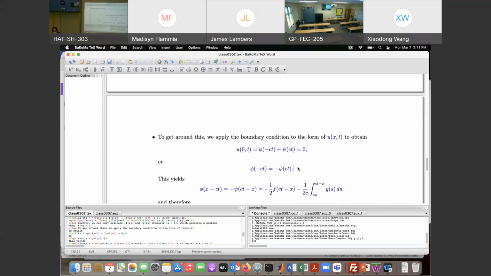So what that means is, this part of my solution that was problematic due to the x minus ct, I can now write as this: minus psi of whatever argument you have, negated. So if x minus ct is negative, then ct minus x will certainly be positive, and this is something that I'll be able to evaluate.